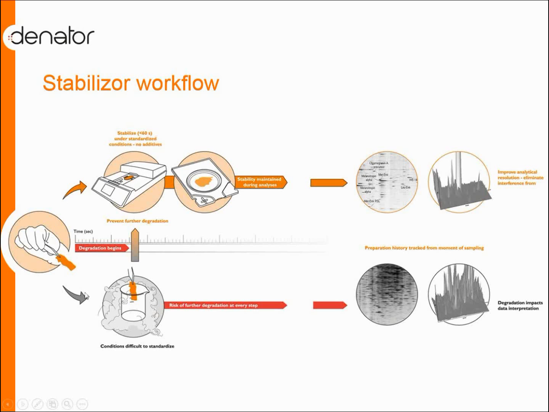It's also possible to run this using frozen samples, for a situation where it's difficult or impossible to get the stabilizer instrument close enough to the source of the sample. Then it's important to freeze the samples rapidly after sampling, and then the samples are introduced frozen into the stabilizer and stabilized.